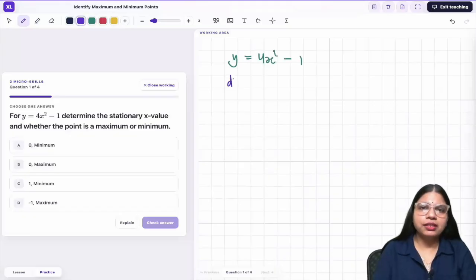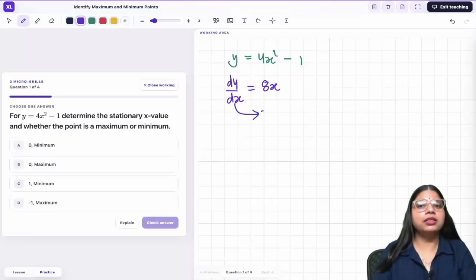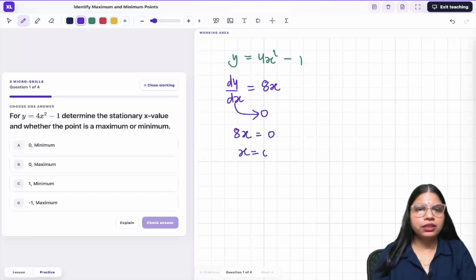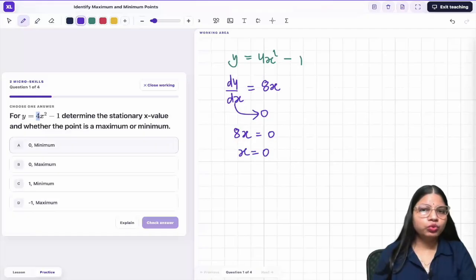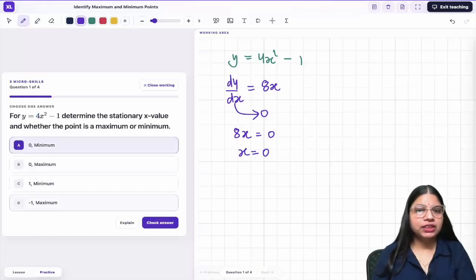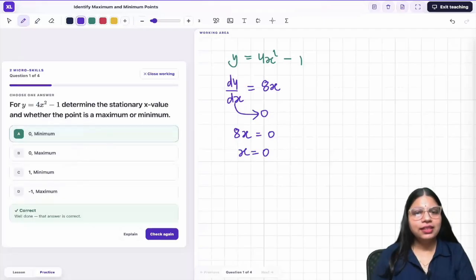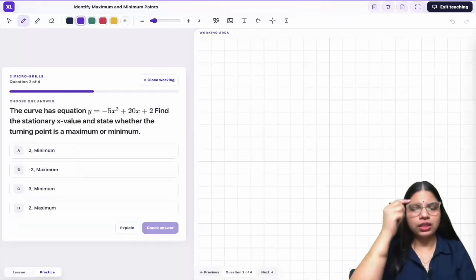So the first step is dy by dx, that is 8x only. Because it's 0 at the stationary point or turning point, 8x equals 0. So x is 0 as well. And because it's positive, it will be minimum. So 0 and minimum. Shall we check? Yay!